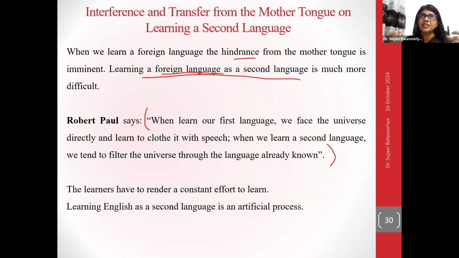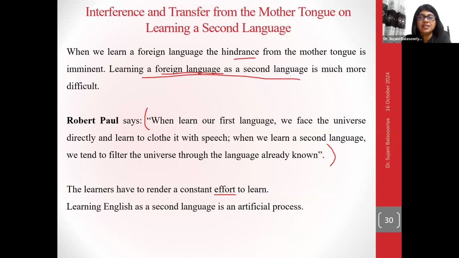We filter what we see in the world through the language which we already know. So it is troublesome. It makes some problems, some issues. It is not a fresh learning of a language. So the learners have to render a constant effort to learn.